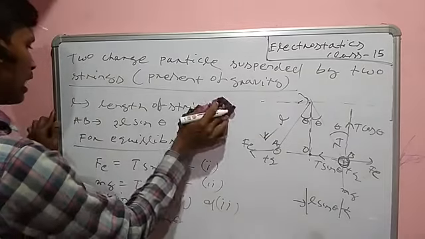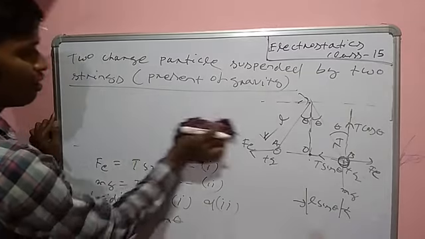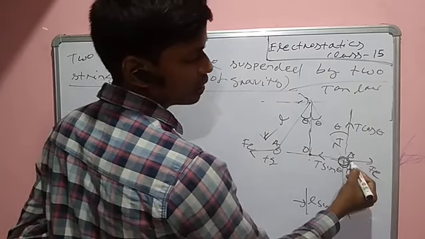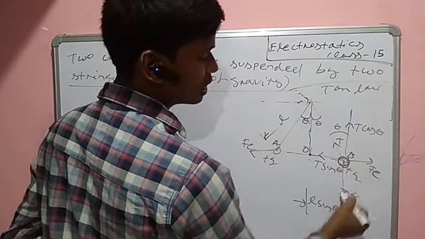We can also use another concept, the tan law. Tan law means this by this is equal to this by this.